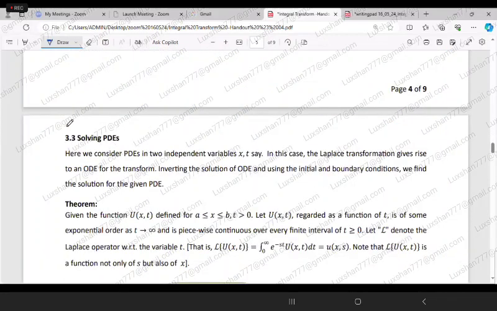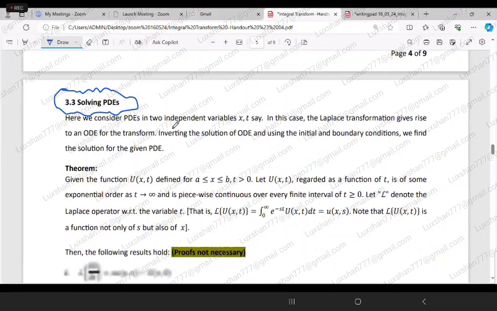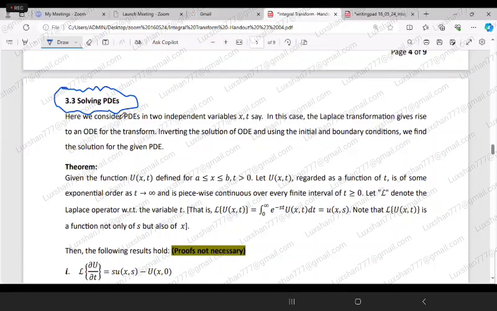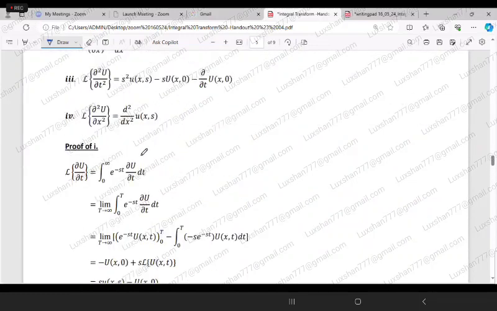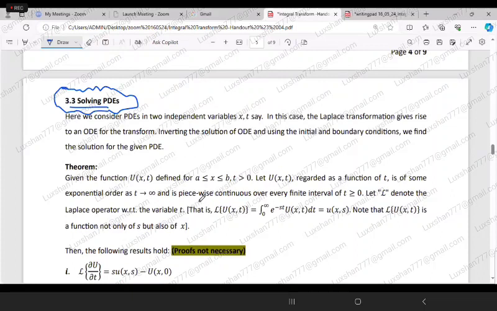Now we are moving to the final topic, solving PDEs. I think in the next class I will discuss solving PDEs, because we have only half an hour, and if we start it may take more than half an hour. In your final exam, you will get one question from the applications part.